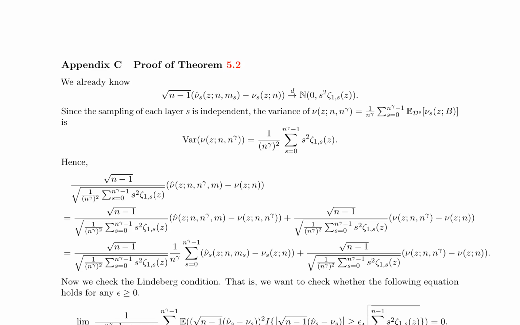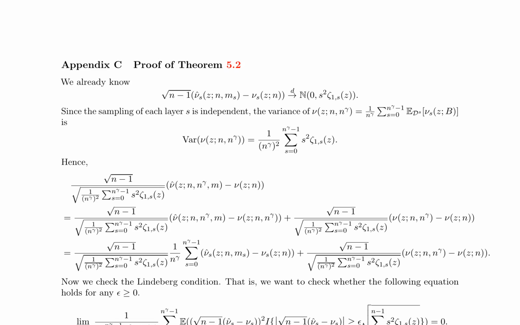The proof of Theorem 5.2 is presented, involving the application of the Lindeberg-Feller central limit theorem. To satisfy the theorem's conditions, the variance of the sum of random variables is shown to converge to a finite limit, and the Lindeberg condition is satisfied.